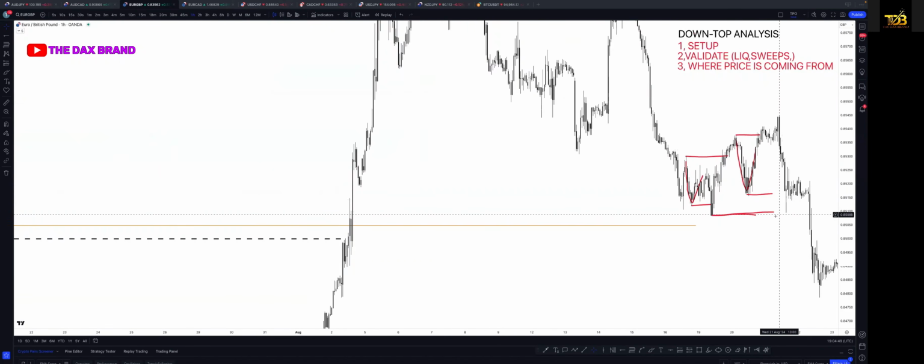Even though there was a little bounce, it eventually failed. But now we know the reason why this particular setup failed, why it didn't hold, and we're able to learn from it. It didn't hold because it didn't align with the higher time frame structure. That would have saved you from this unnecessary loss.